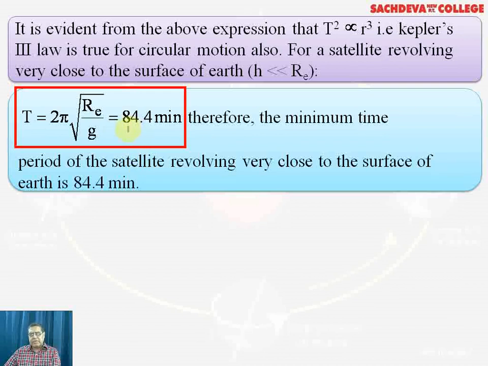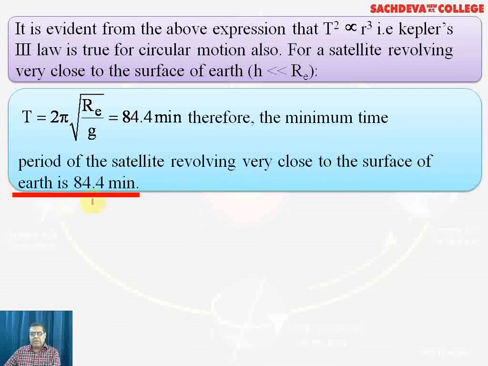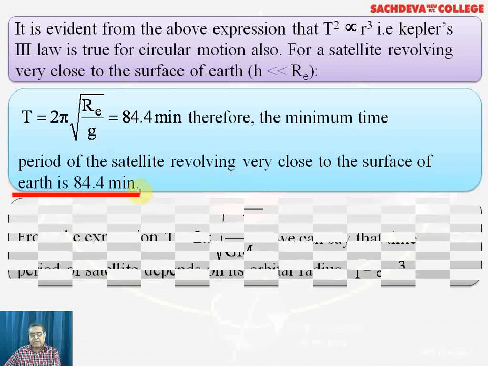Then we get our result in seconds, and dividing those seconds by 60, our value becomes 84.4 minutes. Therefore, the minimum time period of a satellite revolving very close to the surface of Earth is 84.4 minutes.